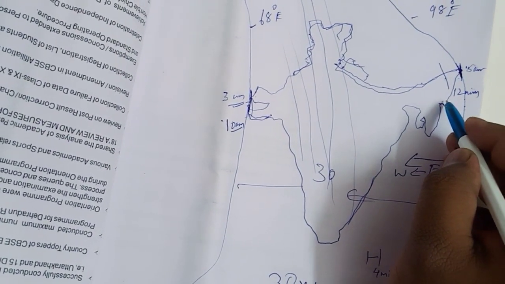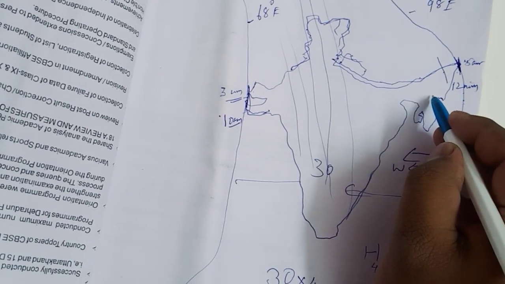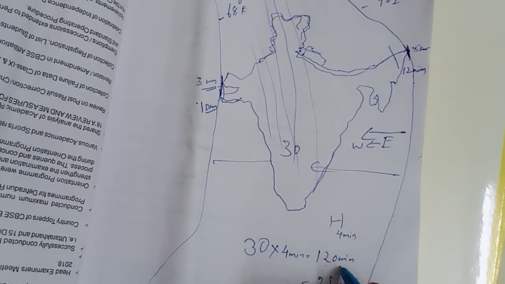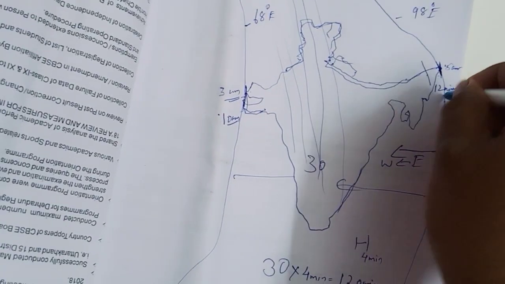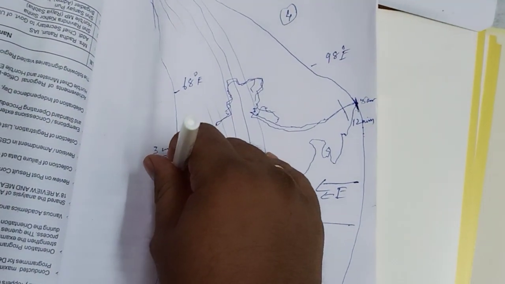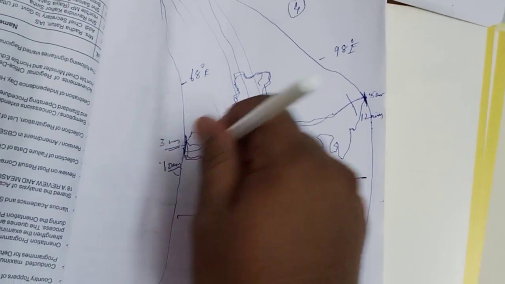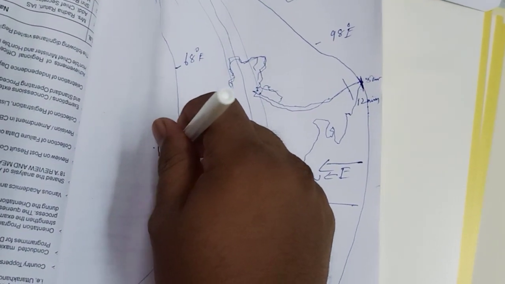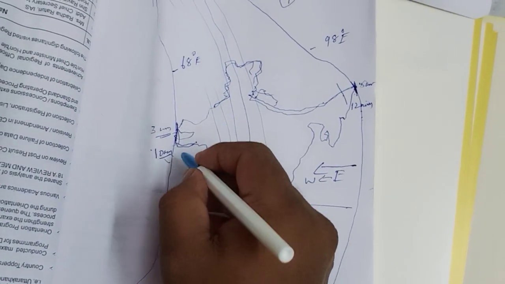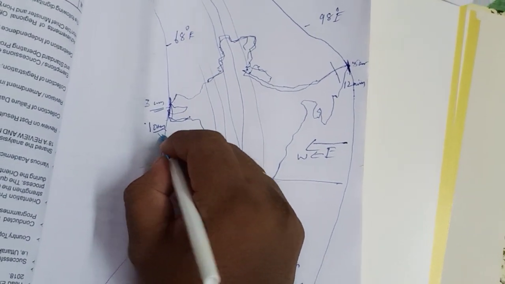And while traveling each line, how much time is it taking? 4 minutes. So 30 into 4, how much time will it take? 120 minutes. So exactly when the sun's rays are falling here at 12 noon, is this part receiving the sun's rays? No. So how much time is it backward? It is 2 hours backward. That is 10 a.m. Is it clear?